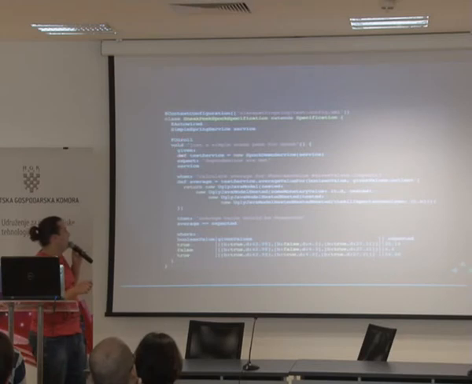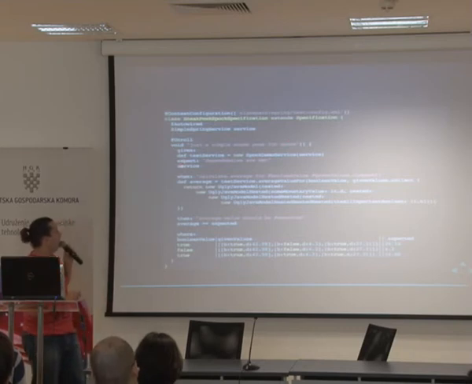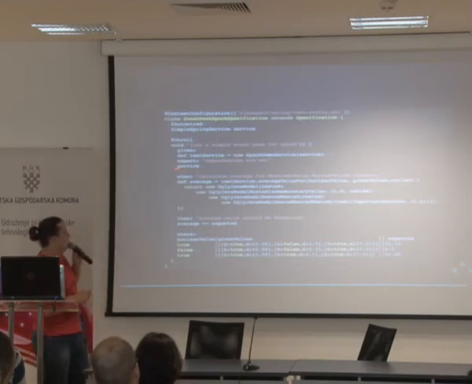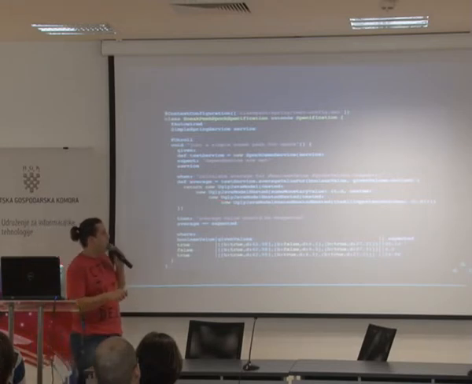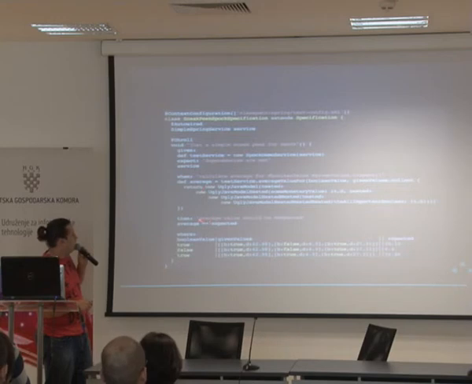We have certain things that are given to us, which is an initialization of the test. We have certain things that we expect. So we expect this service to be auto-wired by Spring to us. We test for something in a certain way. So we expect that the average of the values in this model is a certain value.